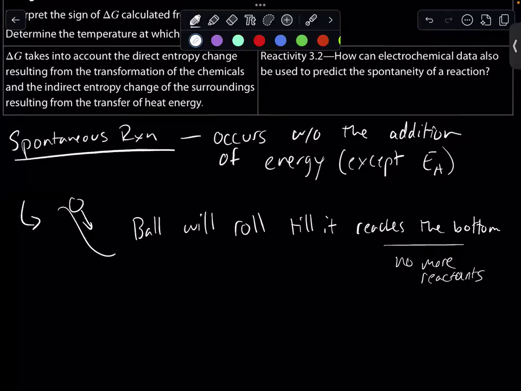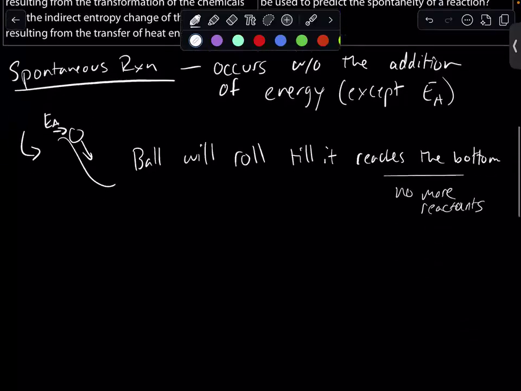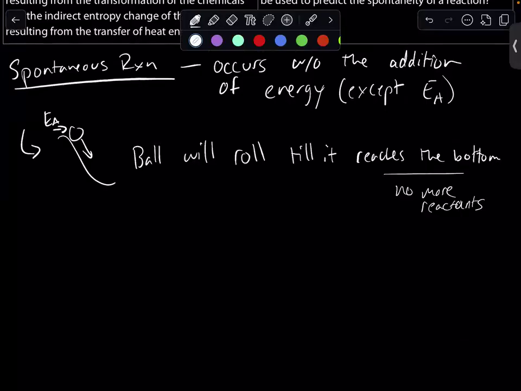We're not really thinking about equilibrium too much. We will eventually bring equilibrium into this, but not right now. It's just going to continue going down. Sometimes it needs an initial push at the top, which would maybe be the activation energy. But once it's going, it's going. That's spontaneity.